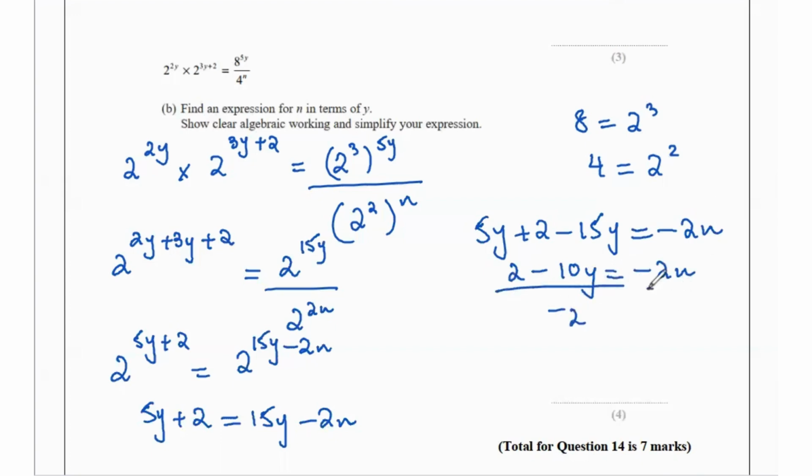Divide both sides by negative 2, and that's going to give us negative 1 plus 5y equals n. This is your expression of n in terms of y.